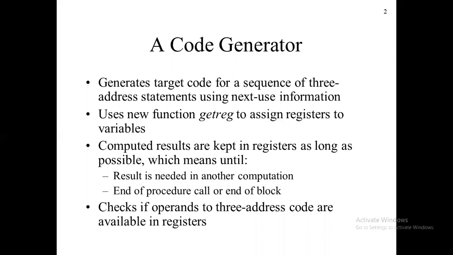Next, at the end of the procedure call, you have to store all the variables in registers. Similarly, at the end of the block also, you have to store all the variables in registers. So registers are needed to store all the variables in a program. And also, it checks whether the required 3 address statement is stored in the available registers.